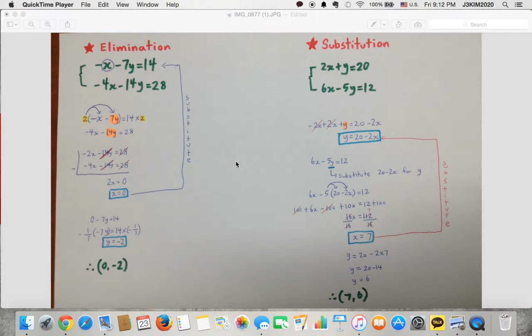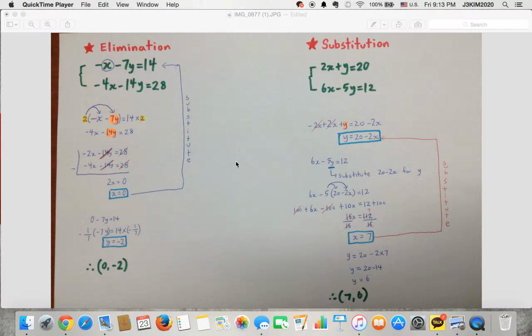In this case, I have multiplied by 2 in order to get the absolute value of the coefficient the same as minus 14. And since the signs are both negative, I would have to subtract these two equations, which gave me 2x equals 0 as a result, and therefore x equals 0.